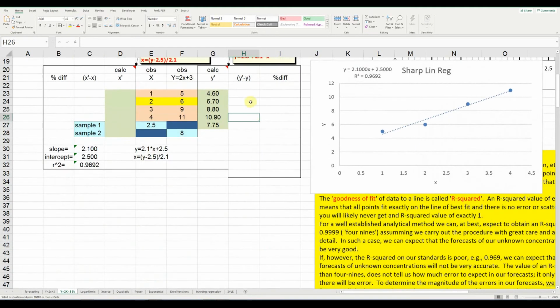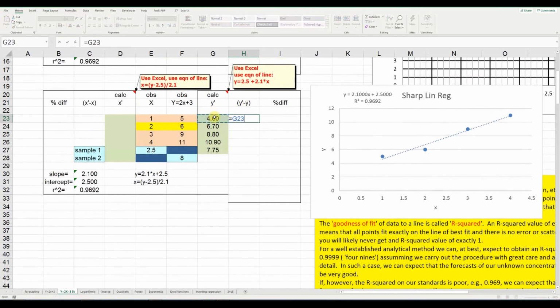Now for the difference, it'll be equal to the forecasted value of y minus the measured value of y. Enter. These are relative references, so I can drag the formula. And for the percent difference, it'll be equal to the difference divided by the measured value times 100%.